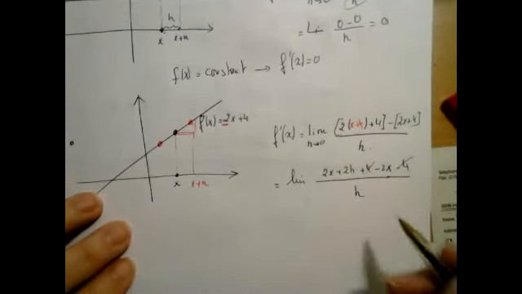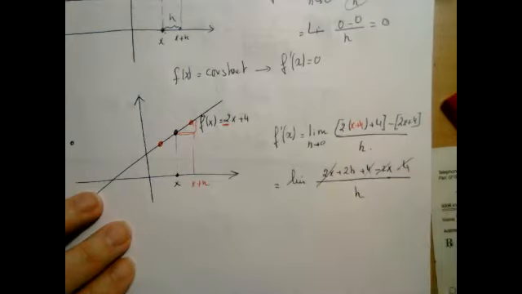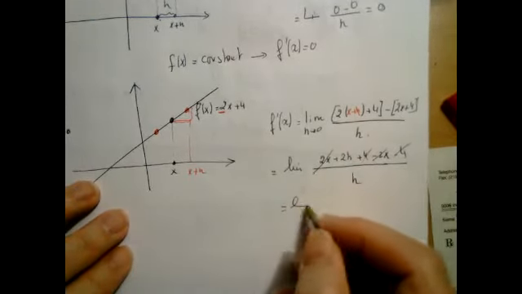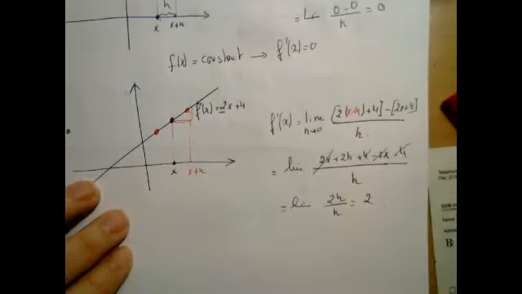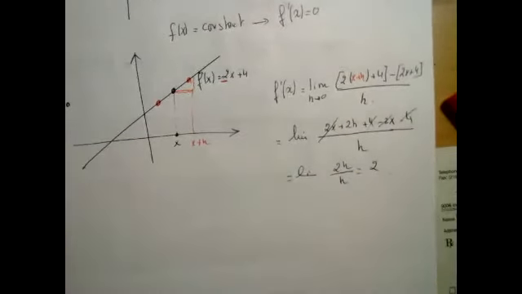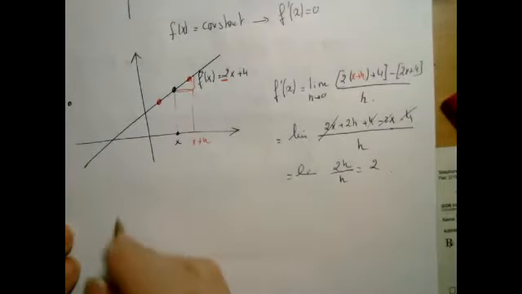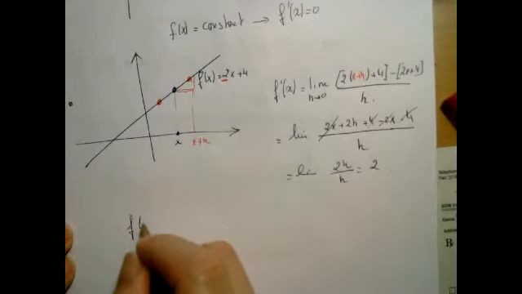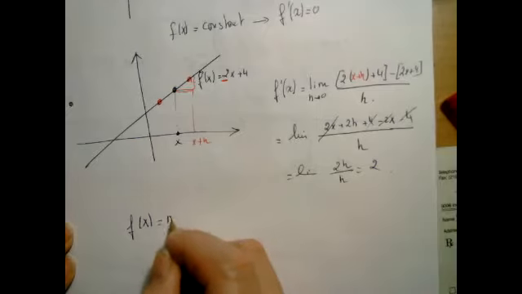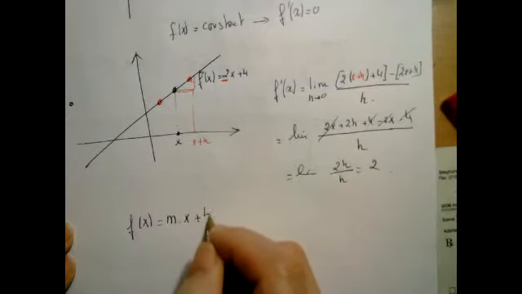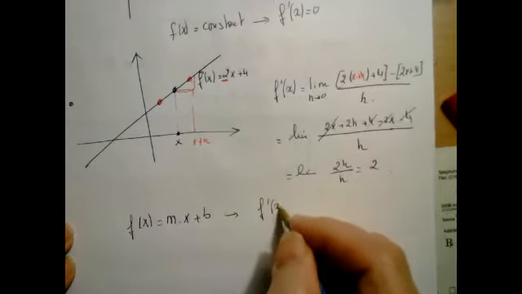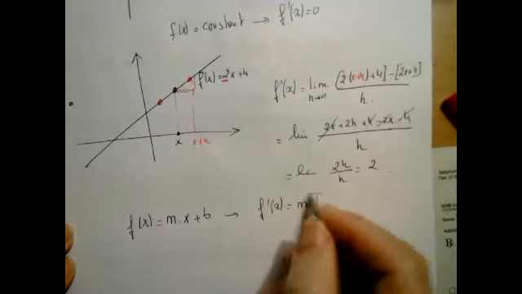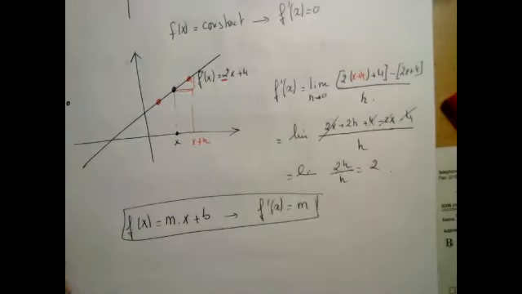The 4 and 4 simplify, minus 2x plus 2x simplify, and I will have the limit of 2h over h, which is equal to 2. No question asked. So in general, if f of x is the famous mx plus b, a linear function, then regardless of what x is, f prime of x is equal to the slope.